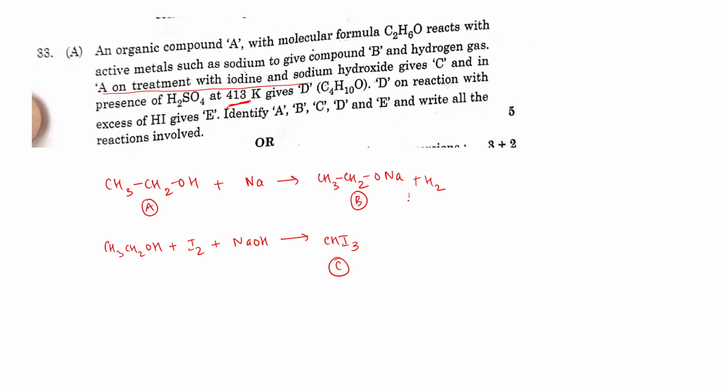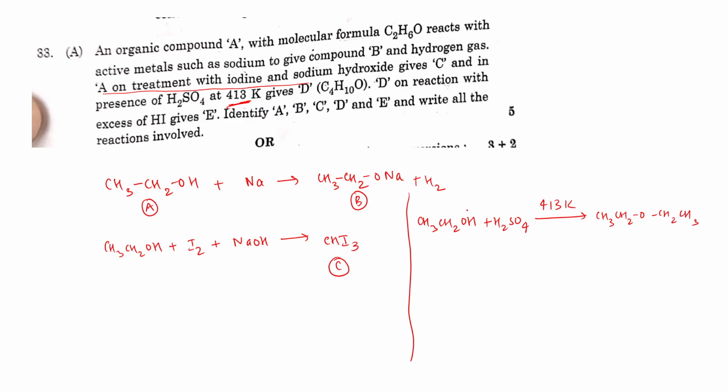So I will write this reaction separately. When CH3CH2OH reacts with H2SO4 at 413 K, it forms the ether CH3CH2OCH2CH3.